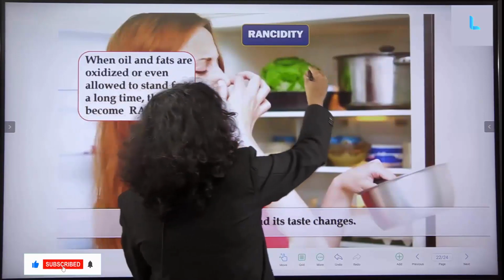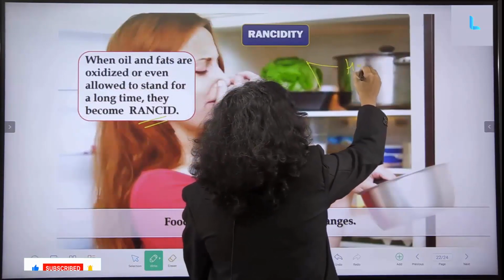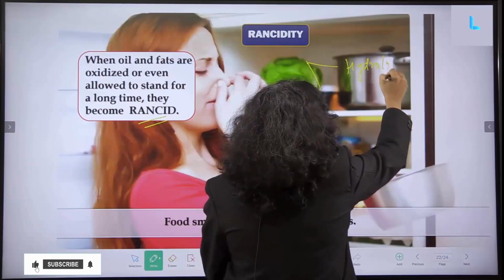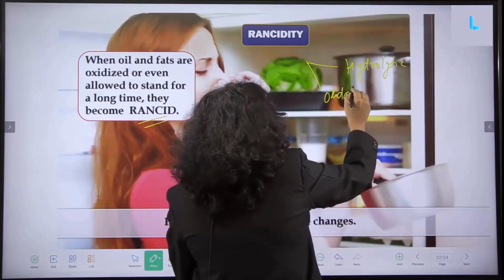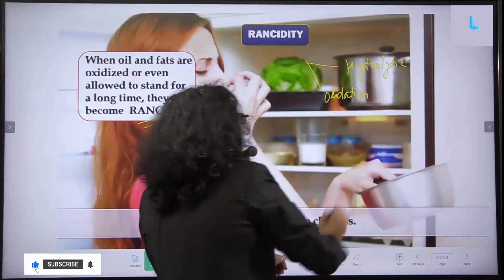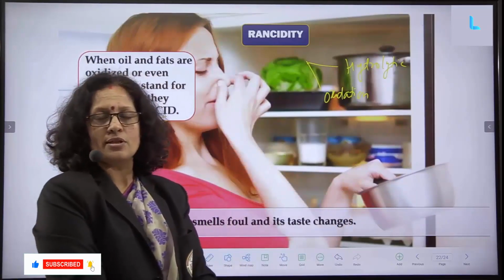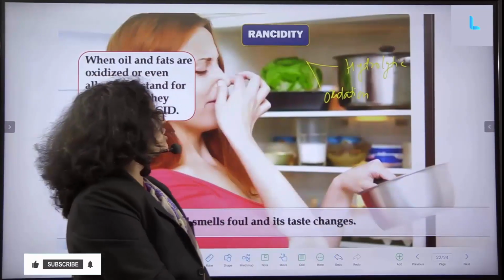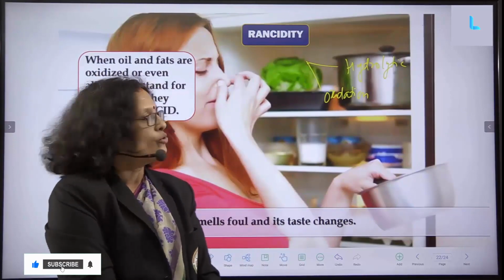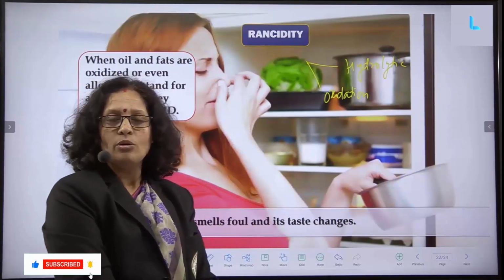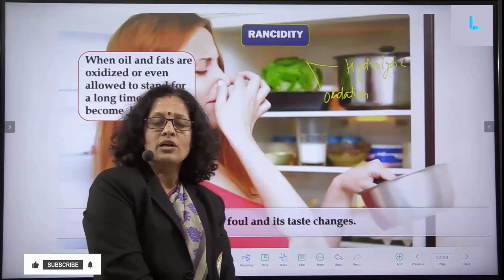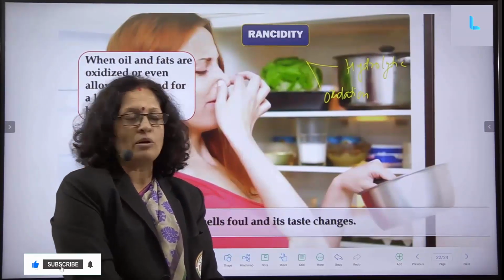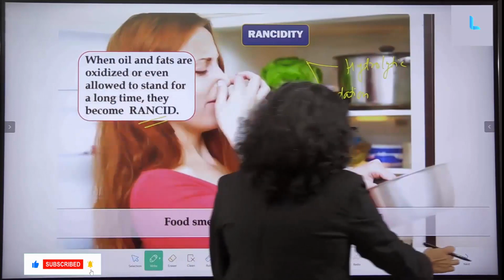Rancidity can be of two types: hydrolytic rancidity and oxidative rancidity. In hydrolytic rancidity, oils and fats undergo hydrolysis; in oxidative rancidity, they undergo oxidation. In both cases, the substance gets spoiled as its texture, appearance and smell change.